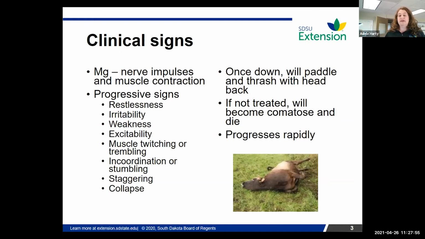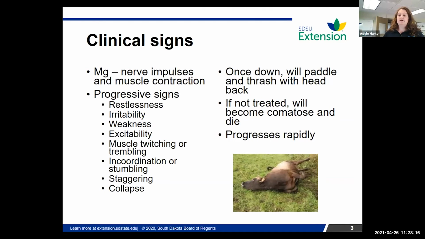Once those animals are down, you're going to see them paddling and thrashing with their head. And a lot of times they'll have their head back toward their back. And if these animals aren't treated immediately, they will become comatose and die. The challenge with grass tetany is that it does progress very rapidly.